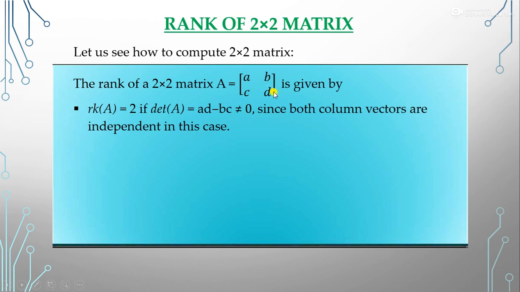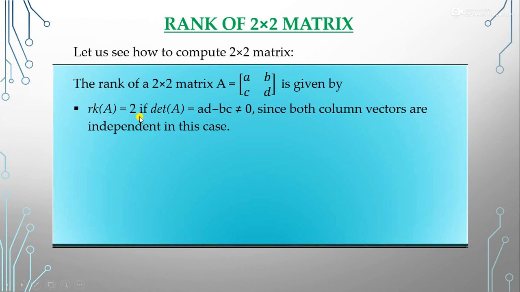That is 2, because 3 is not possible since the order is 2 by 2. In the earlier slide I told you that the rank is always less than or equal to the minimum of rows and columns. So the highest rank of this matrix may be 2.